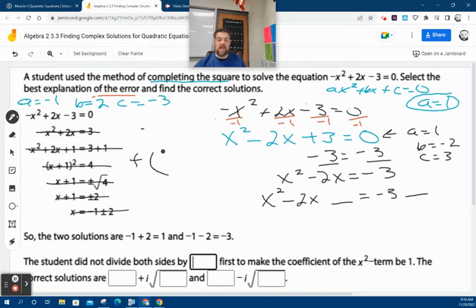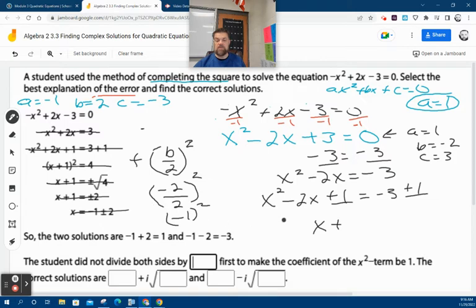Remember that I have to add b over 2 squared. So then b over 2, so b is negative 2 over 2, which I got to square. This reduces down to negative 1 squared, which means I'm going to add 1. Okay, so then this whole thing reduces down to x plus b over 2.